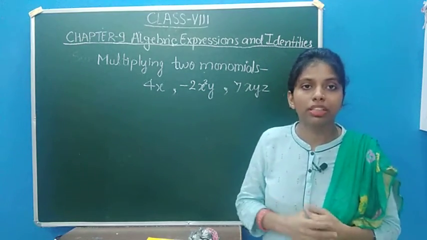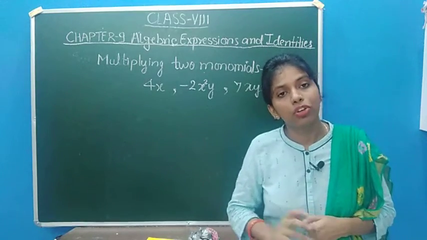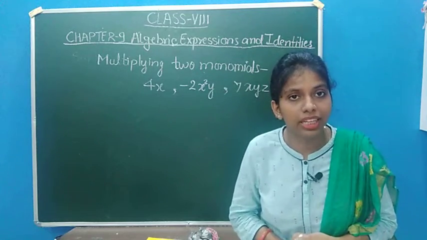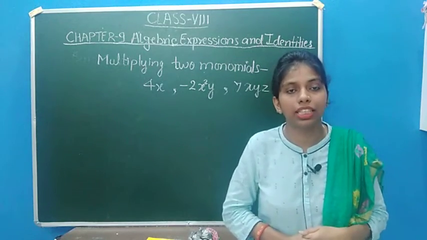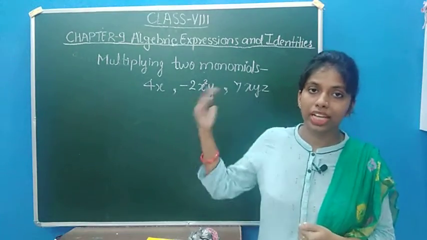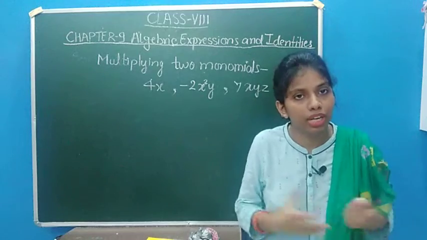So for the multiplication of two monomials, what do we have to do? We multiply the coefficients with each other, meaning the numerical factors are multiplied with each other, and the variables with each other. Suppose I explain this multiplication with the help of one example.